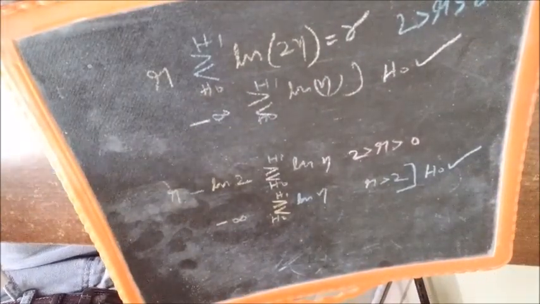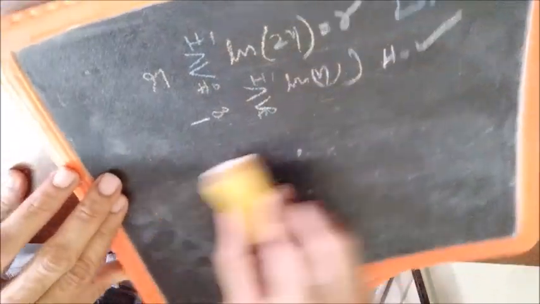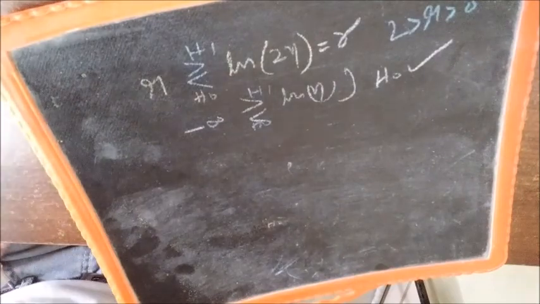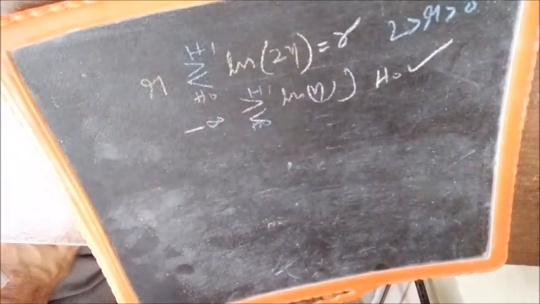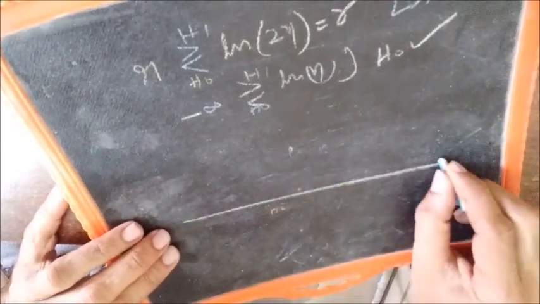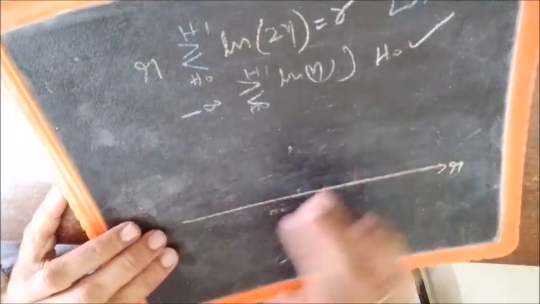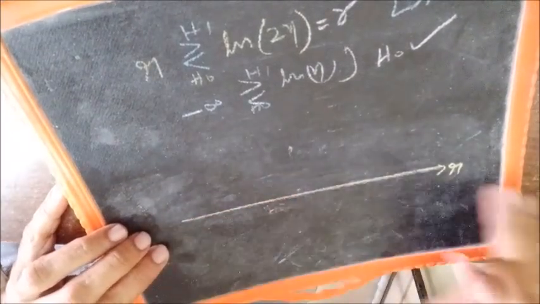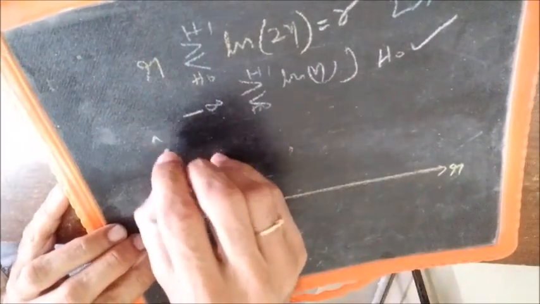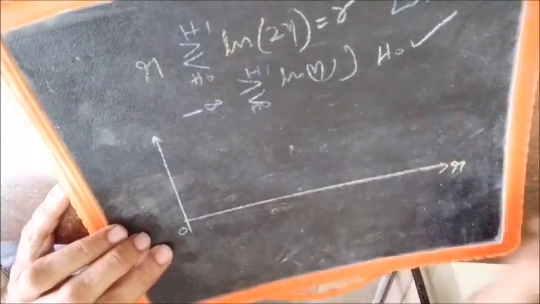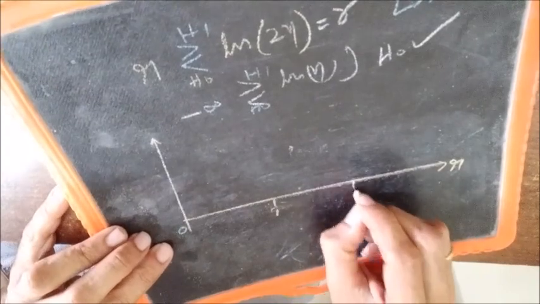So now, with the help of this, we can answer the first part of the question, which is determine the decision regions. So what it means is that on the r axis, the axis which shows the various possible values which r can take, r varies from 0 to infinity.